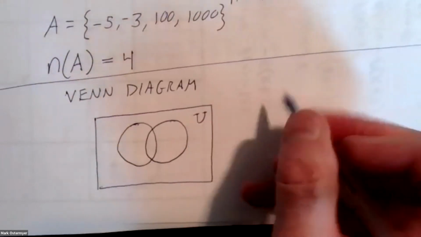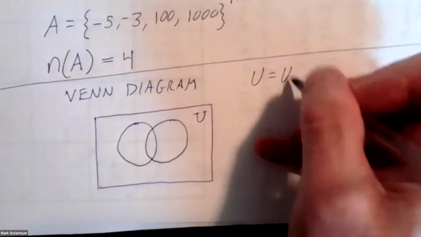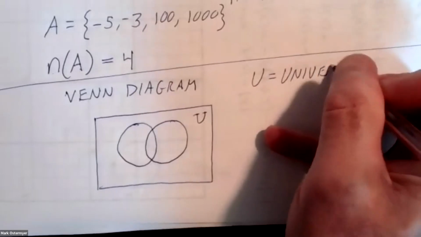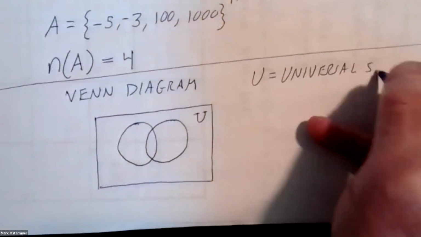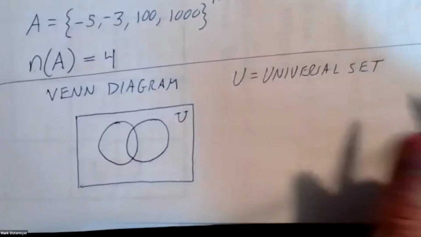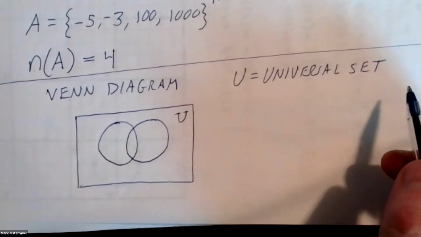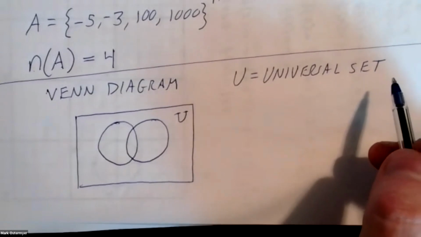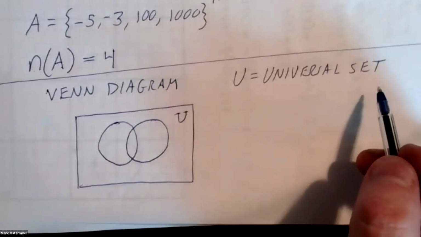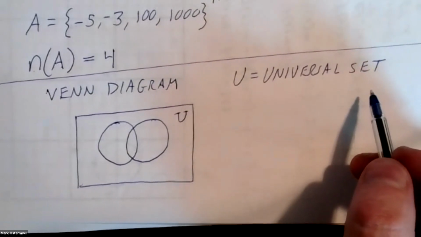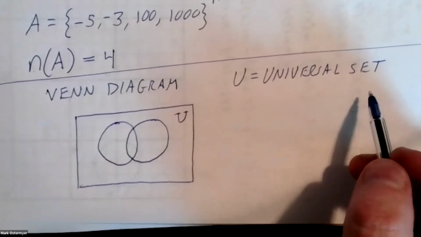U for universal. It basically encompasses everything that's under investigation. For instance, if I was interested in all the students at Mott Community College in an investigation, my universal set would consist of all the students that attend Mott Community College.